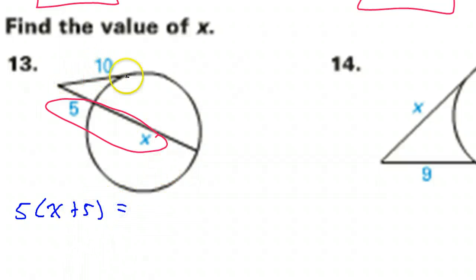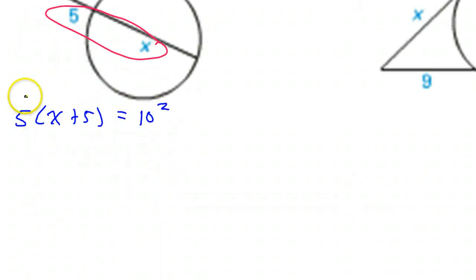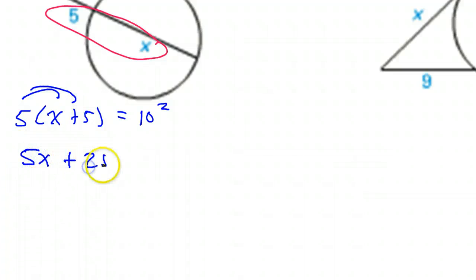Now that should equal part times whole. Well, 10 is the part because it's this external part, but 10 is also the whole. It's the whole thing. There's nothing else. So it would be more efficient to write 10 squared instead of 10 times 10. So distributing, that will give us 5x plus 25 is equal to 100.